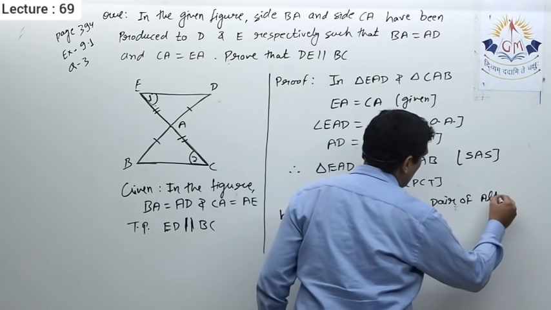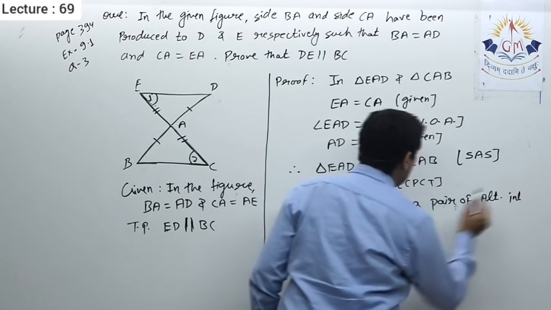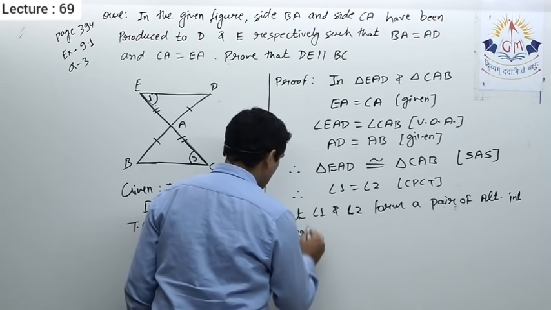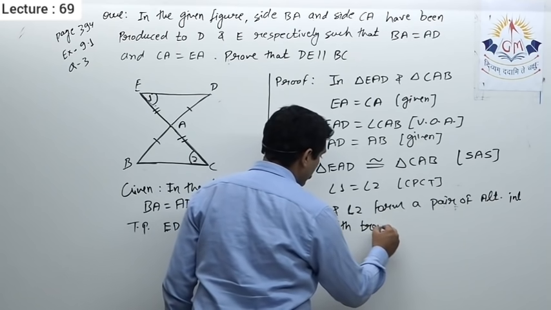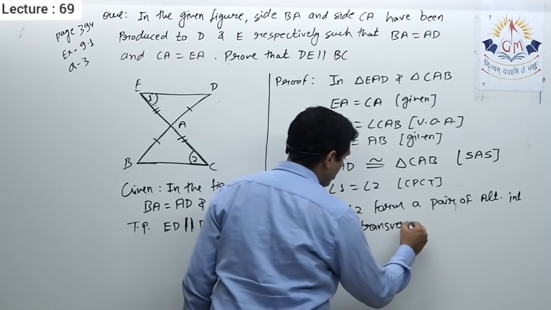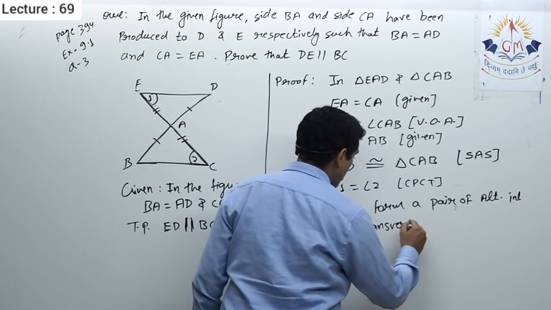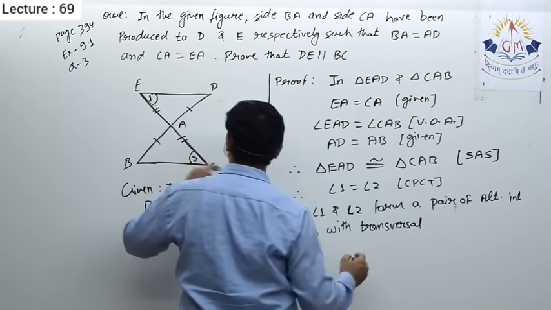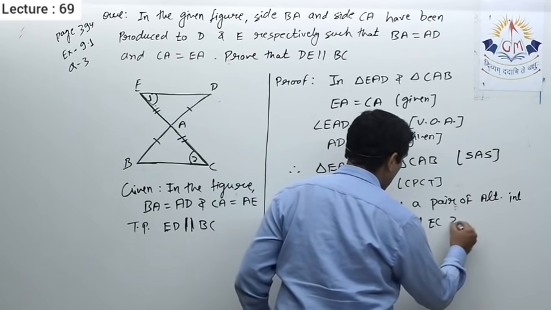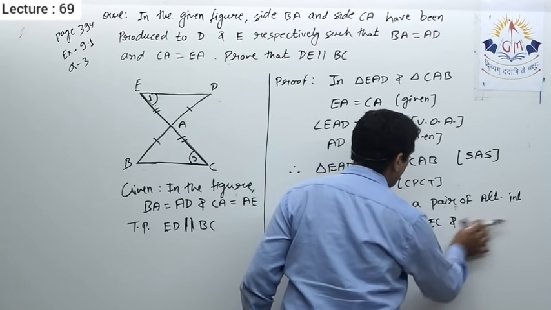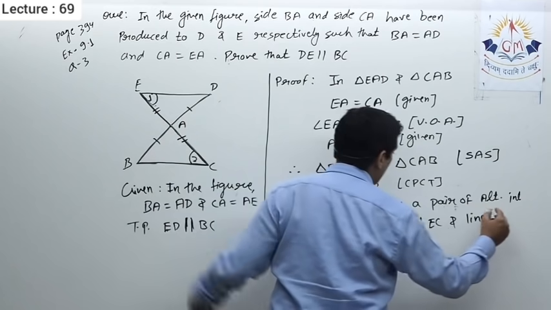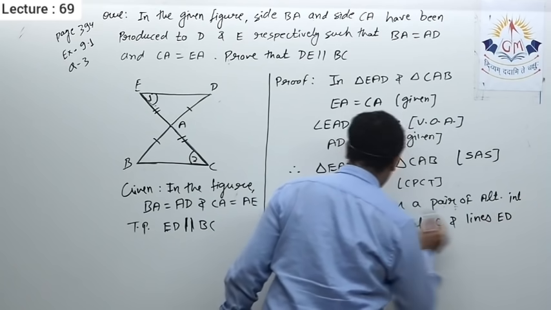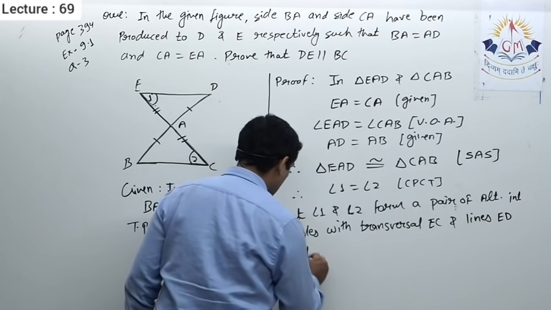alternate interior angles with transversal EC and lines ED and BC.